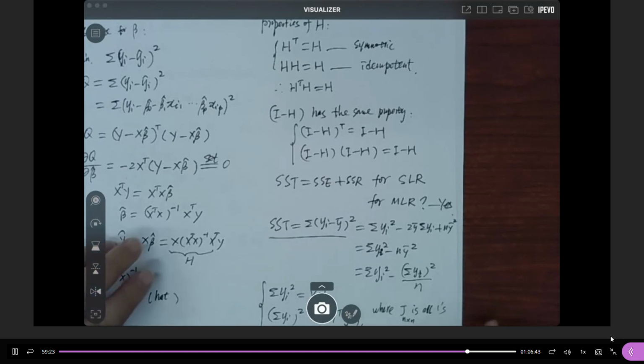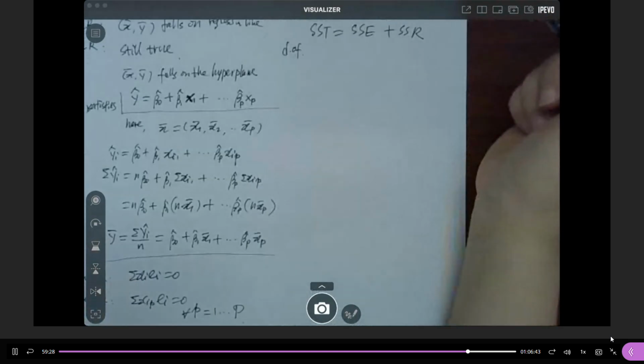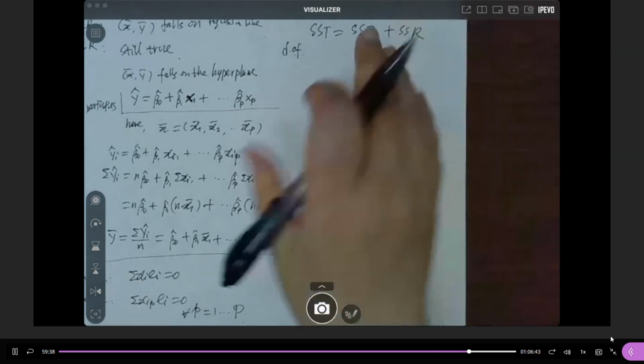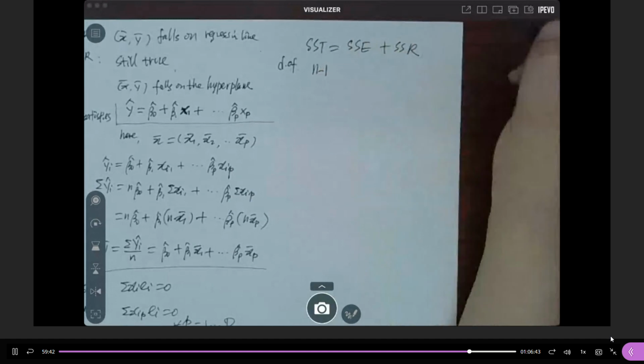N minus 1, yes. Now we are talking. The formula is the same. So each yi brings in 1 degree of freedom, so the summation of yi gives you n degrees of freedom. But you calculate y bar as the summation of yi divided by n, so you lose 1 degree of freedom. So it is n minus 1.